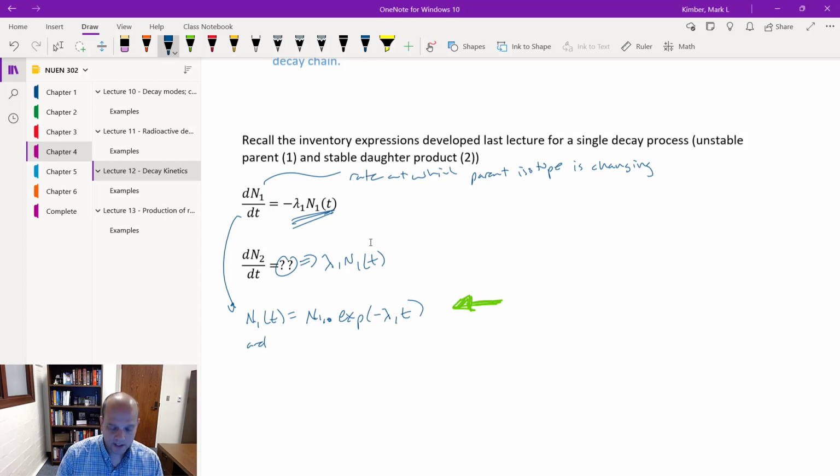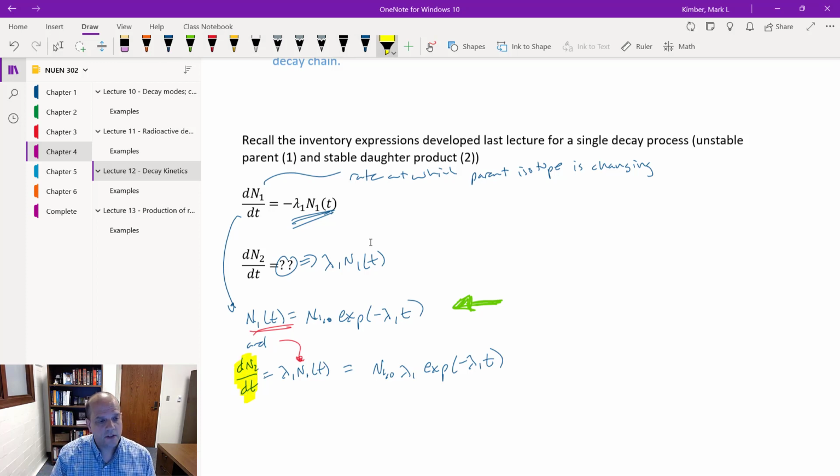And now we can take that second expression, and this is lambda 1 N1 of t, and we're going to take this N1 of t and substitute it in right there. So then this will be N, the initial number of atoms for my radioisotope. So now I have this expression where I've got the time rate of change of N2 equals this.